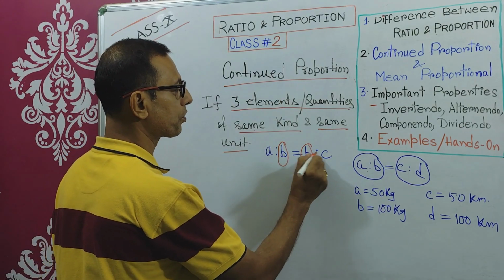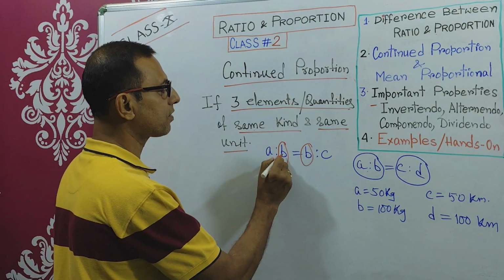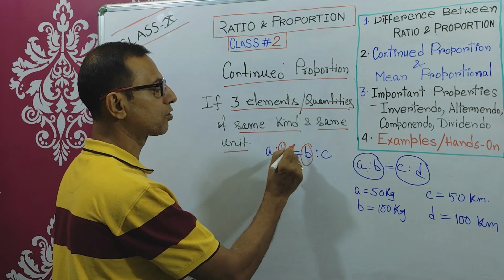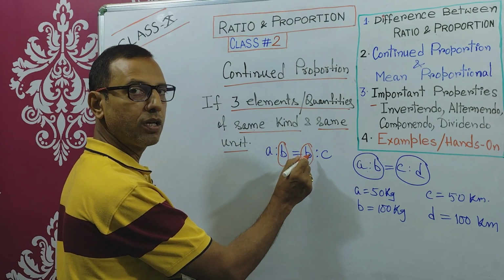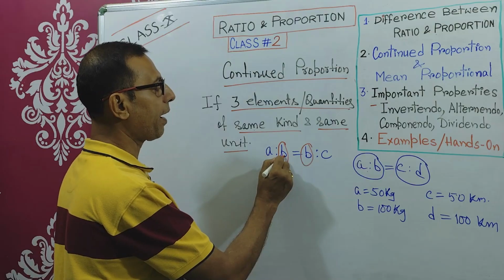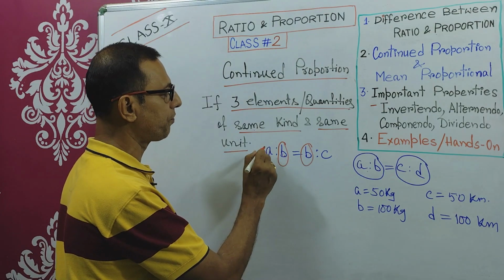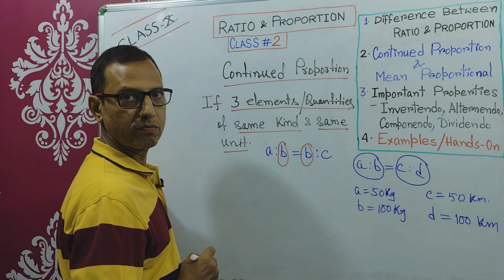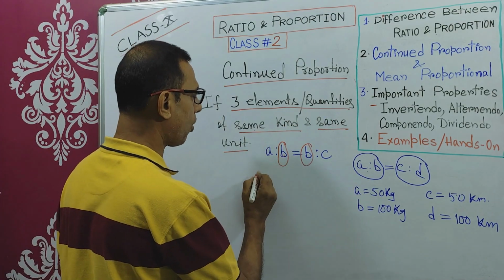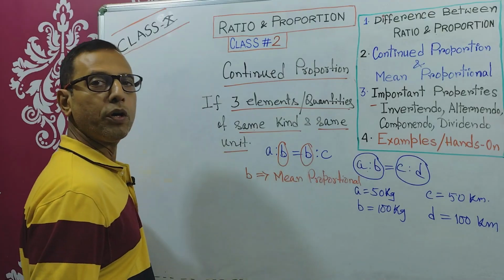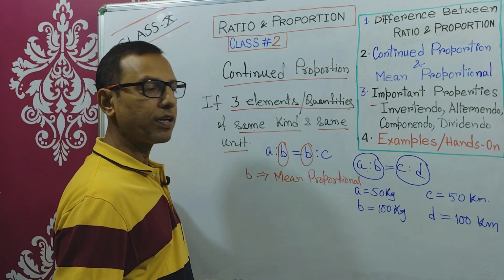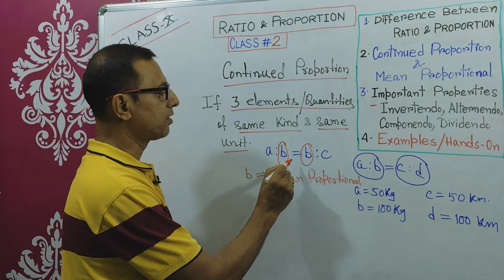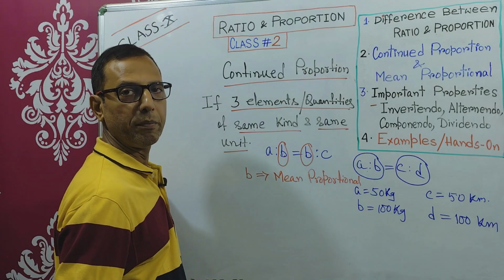So in this proportional relationship, element B is common in both ratios. Therefore, B will have the same kind and unit as A and C. That is why this is the definition. Now B is called the mean proportional. So in a continued proportional relationship, the middle one is the mean proportional.